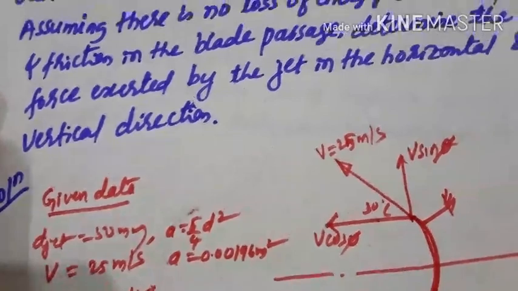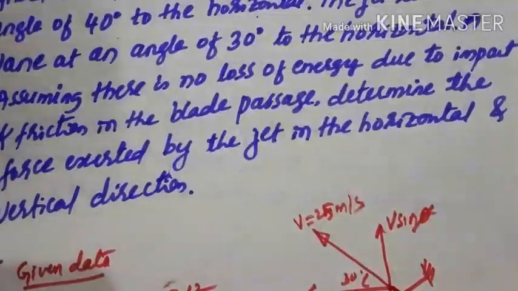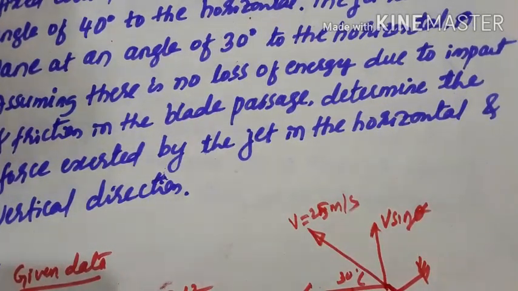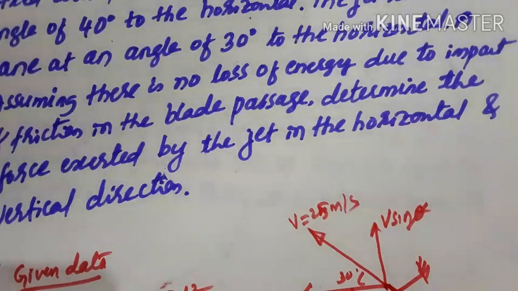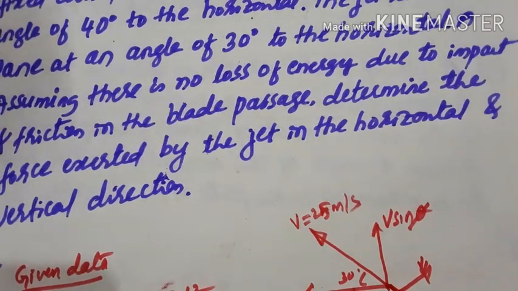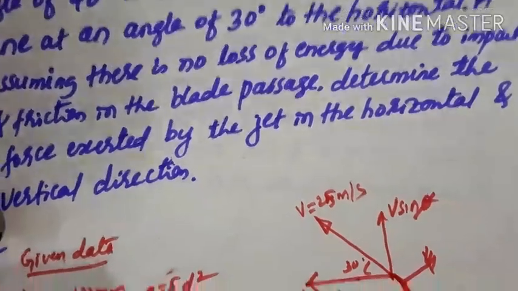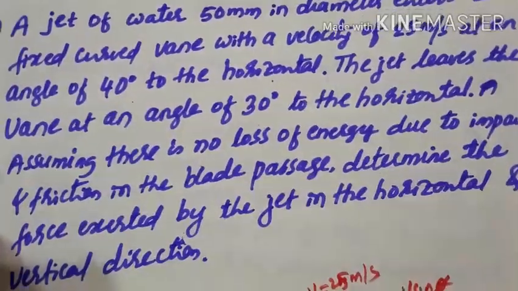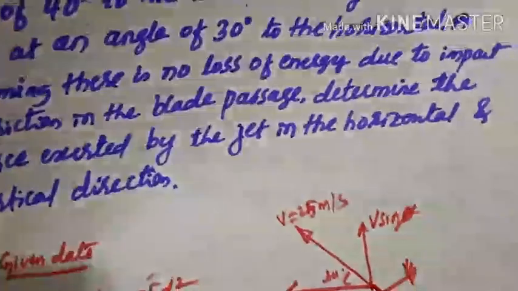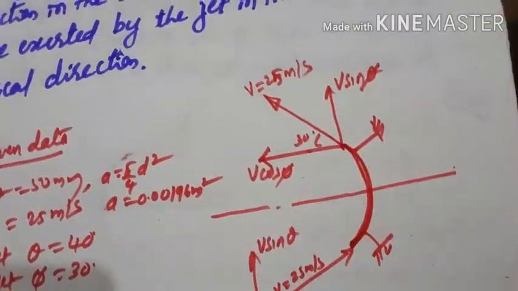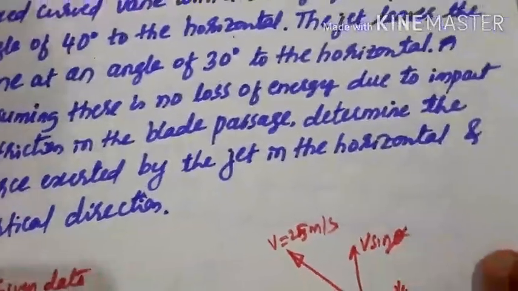Here you have to remember only the equations, whether it is for the stationary case, whether the jet is striking at the center, and how it is leaving the vane, whether it is making some angle, or at what angle it is entering. You have to identify those things, write the given data and calculate the force exerted by the jet. Okay, so I hope you understood these problems.